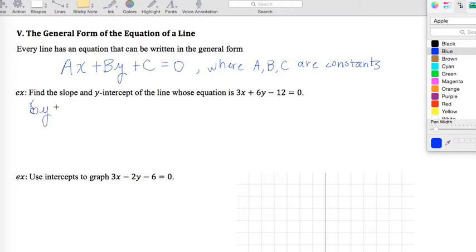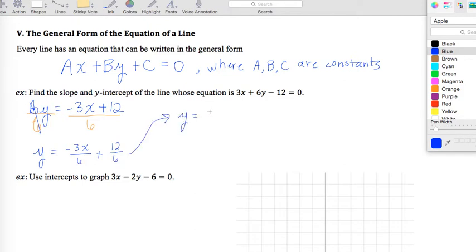So just moving the 3x to the right and the 12 over, we have 6y equals negative 3x plus 12. Then if we divide both sides by 6 to get y all by itself, those 6's cancel. Now over here I'm going to have to split this into 2 fractions to get it into slope-intercept form.